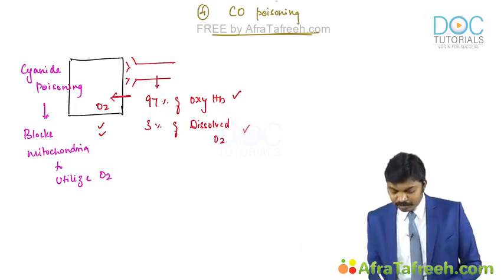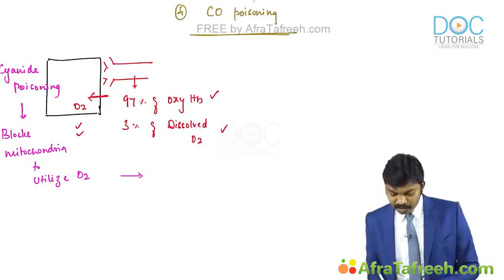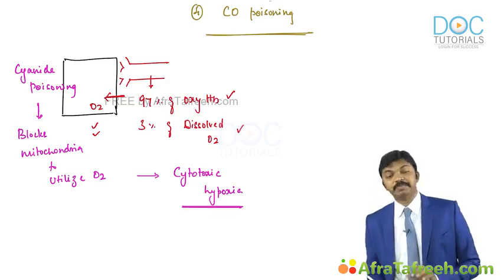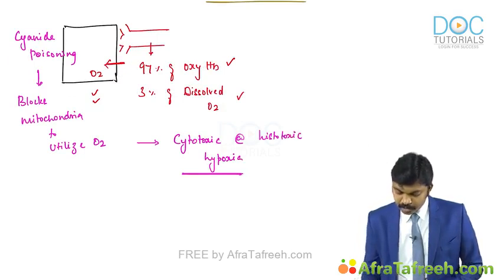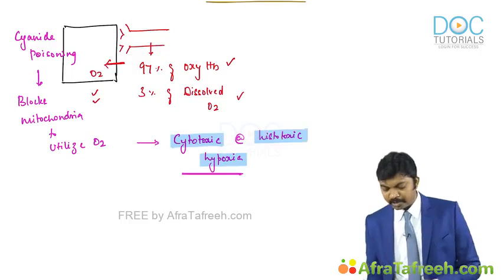Now this kind of pathology that contributes to mitochondrial failure is called cytotoxic hypoxia. The cell is being poisoned with toxins, especially cyanide. Okay, this is also called histotoxic hypoxia. So the third condition is cytotoxic hypoxia or histotoxic hypoxia, doctors.